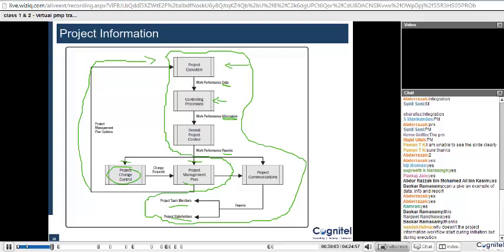Okay, in this, I would say that project information workflow is actually starting in the execution because that's when you start really working on the project. So in the initiation and in the planning, you are just planning out things.